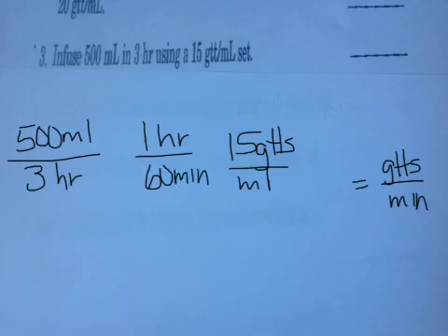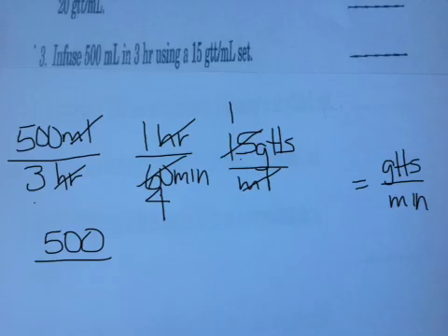And then actually I'm going to cancel just a little bit more here. We're going to get rid of this milliliters, that hour, that hour. We're going to change some of these just a little bit. 15 goes into 60, so I'm going to make this a 1 just for ease, and 15 goes in 4 times. So if you simplify it down a little bit, you have 500 over 3 times 4, which is 12.